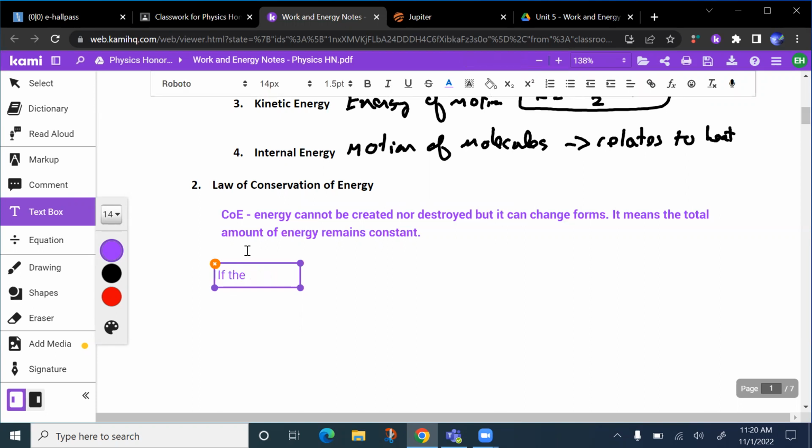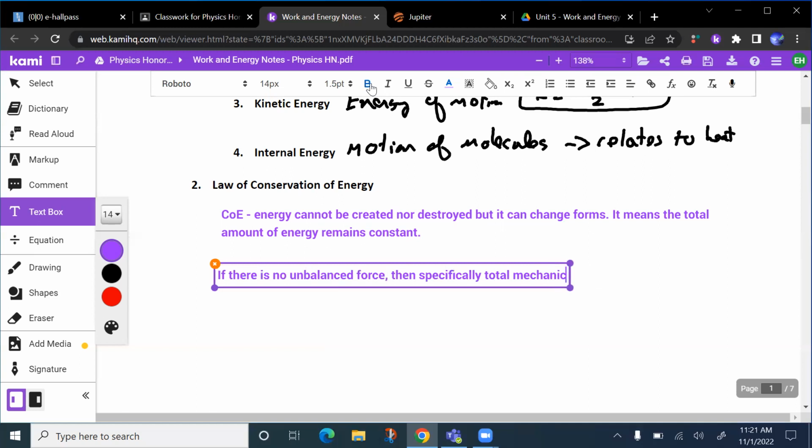If there is no unbalanced force, then specifically total mechanical energy, that means kinetic and potential.